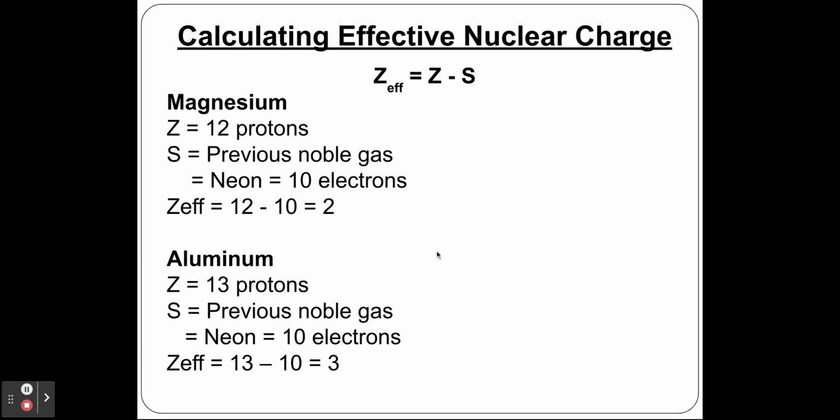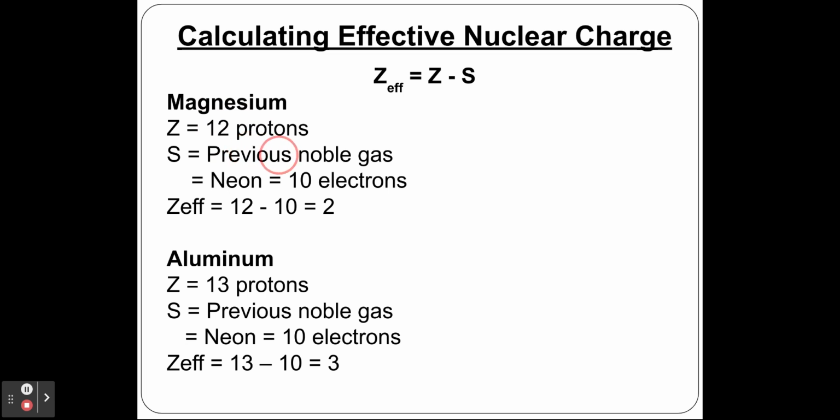And so here's a couple of examples. So you have magnesium. Magnesium is number 12 on the periodic table, and so that's going to have 12 protons. So that's going to be your Z. And then we notice that the core electrons in that magnesium atom is going to be 10, right?